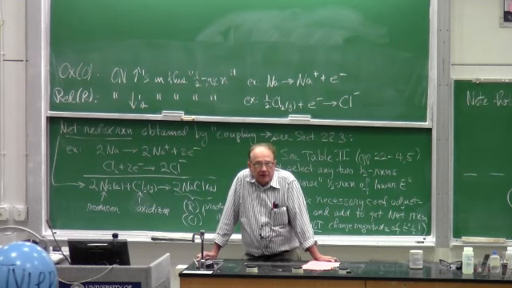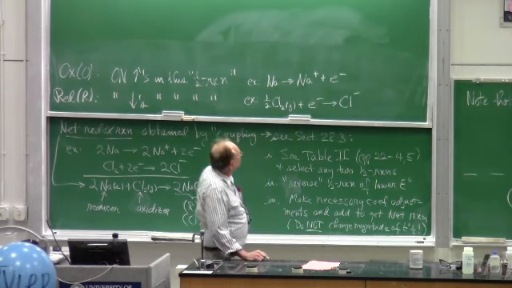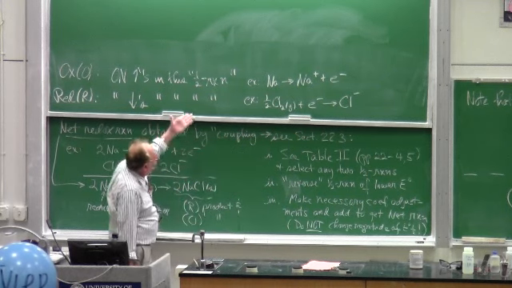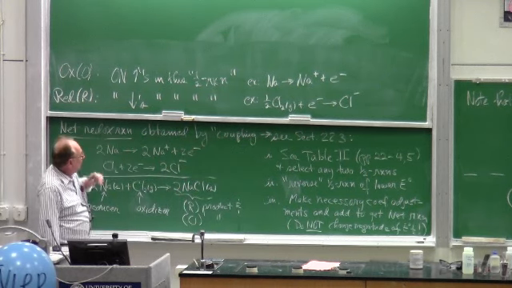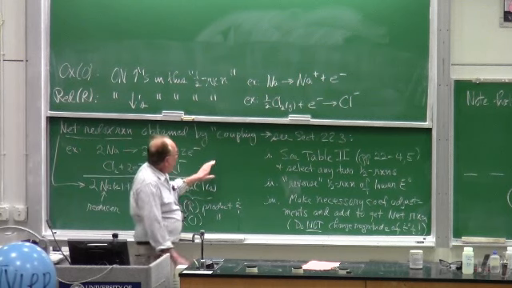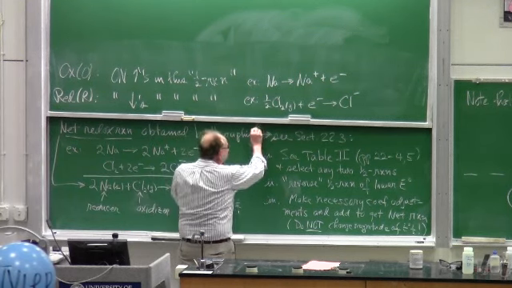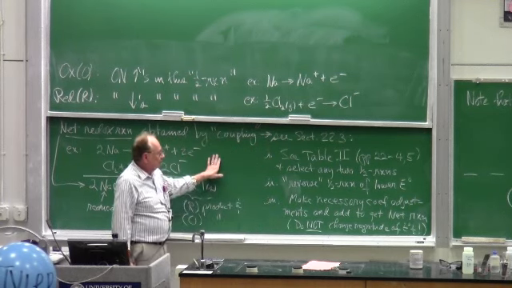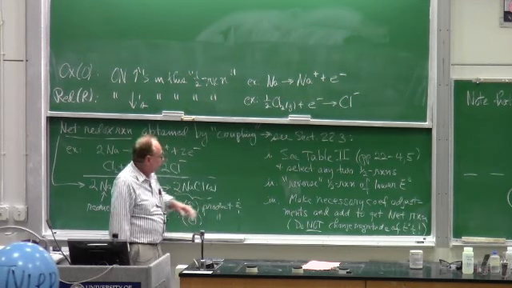The redox reaction must, like all reactions, balance with respect to mass and charge. So what do we do with the half reactions to get the net redox reaction? We apply to them a process known as coupling. More on that in just a moment.